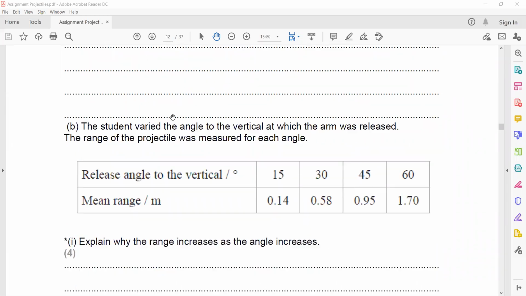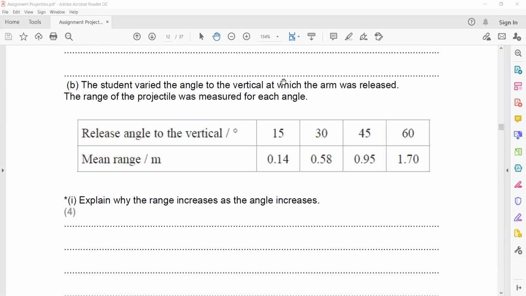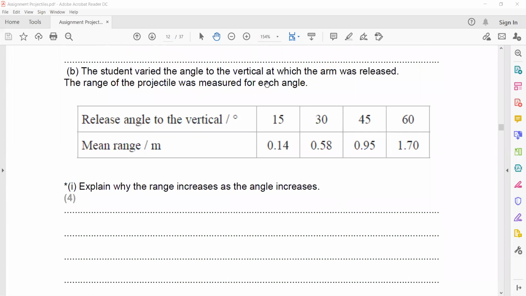Then the student varied the angle to the vertical. This is the angle to the vertical. When the angle is 15 degrees to the vertical, say this is a release point.